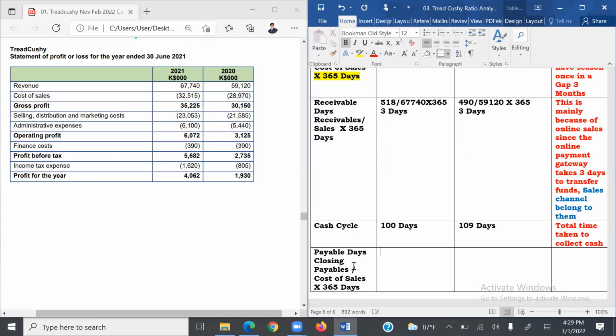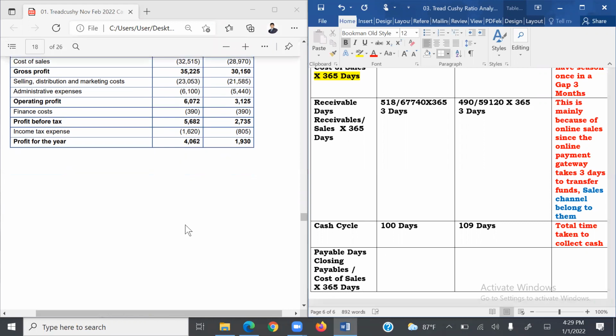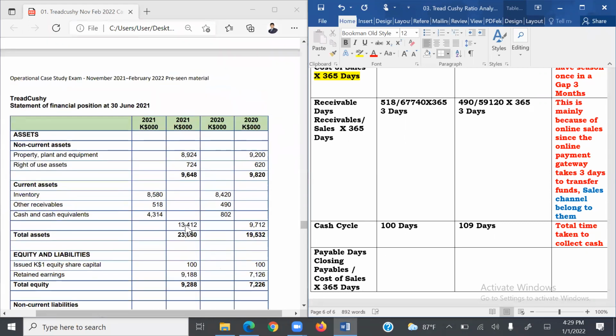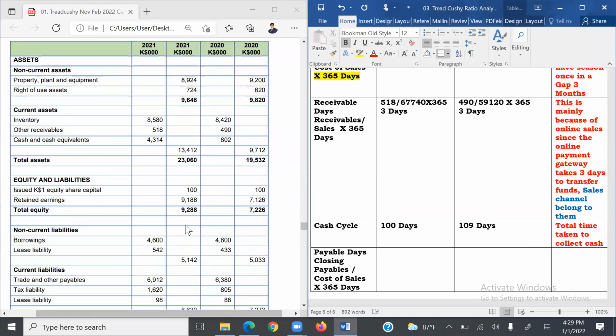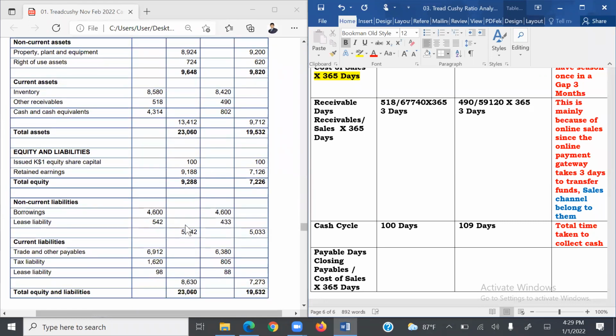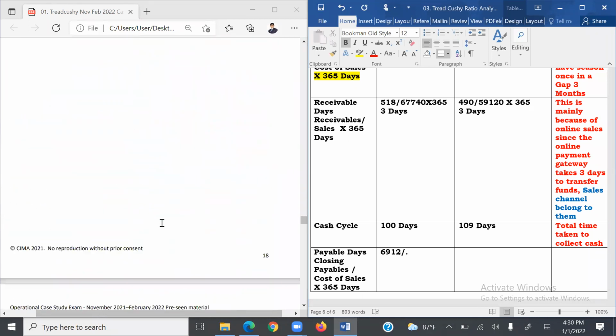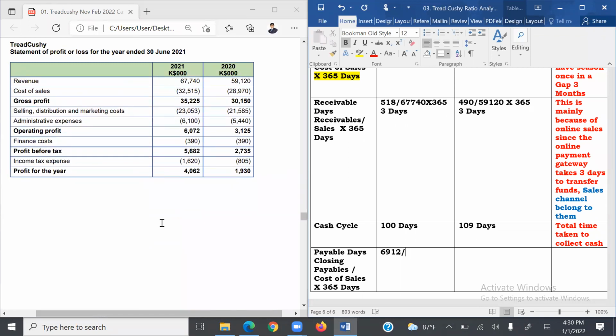It's not so difficult. So trade payables 6,912 divided by cost of sales. Students, quickly look at the cost of sales, 32,515, and multiply that by 365.